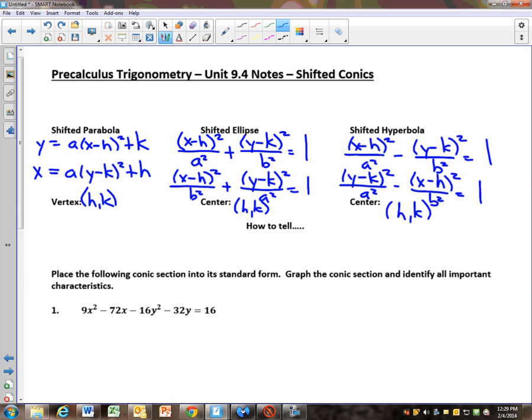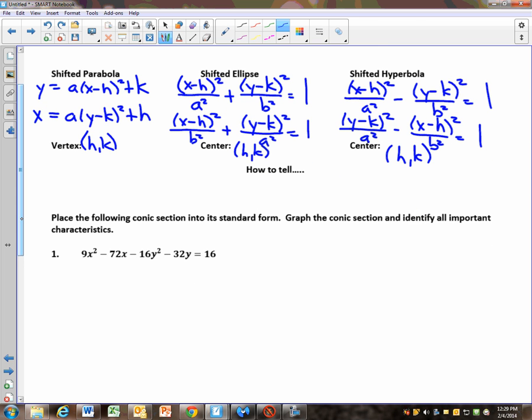They're not both squared. So, here's the key. With a parabola, you will have x and y squared, or you will have y and x squared. One of them will be squared, the other one will not be squared. Okay, that's the difference. In an ellipse, both are squared. So you're going to have an x squared and a y squared.